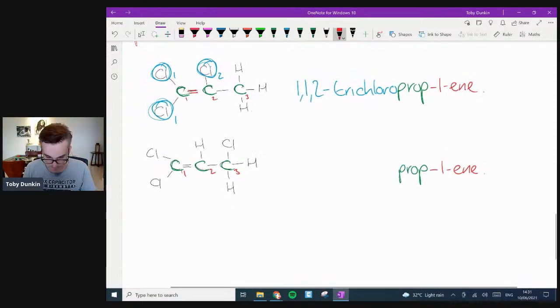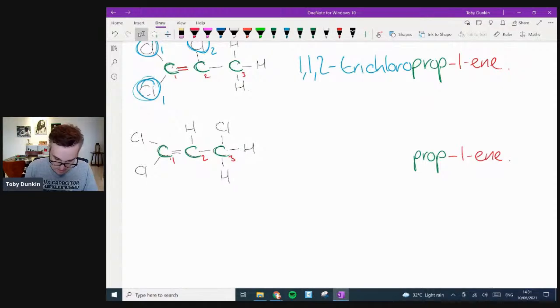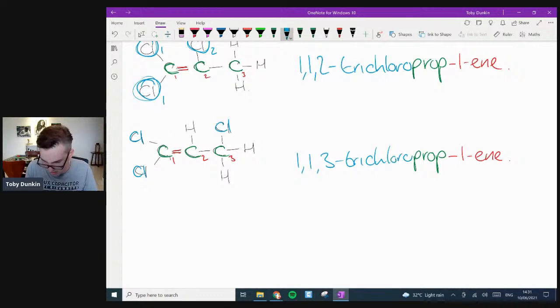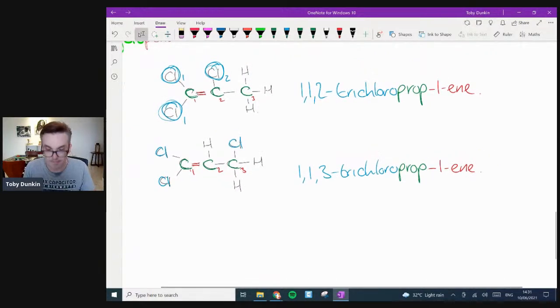You guys are right on your name, by the way. Well done. So now that we've got it is a 1-ene, and I've moved one of the chlorines onto number 3. So this now becomes 1,1,3-trichloroprop-1-ene. Done. Not entirely sure what Smith's trying to do there.